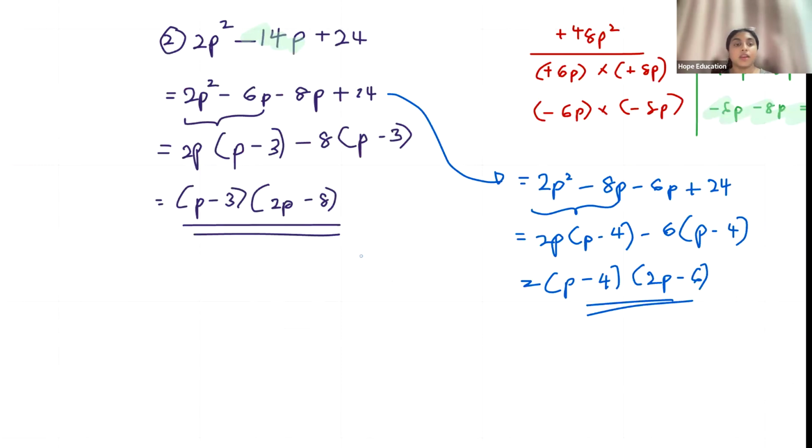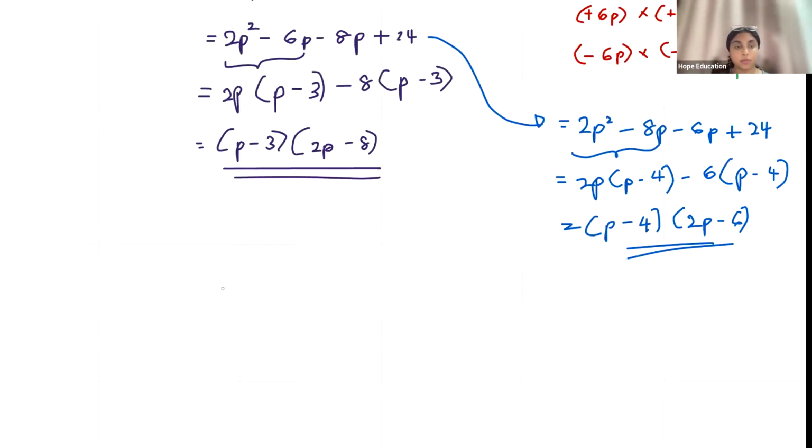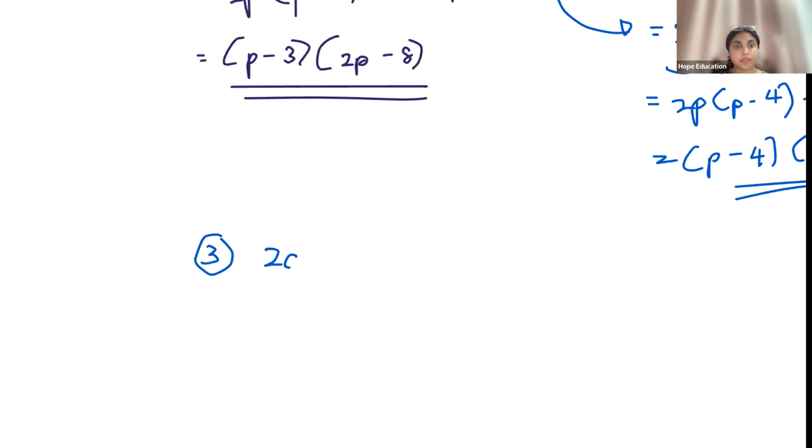All right, next one. We are going to try a slightly different example here. First look at me doing this on the board. 2a squared plus 13ab minus 7b squared.